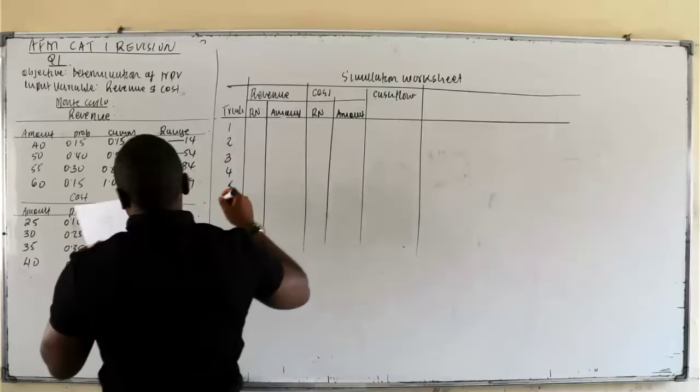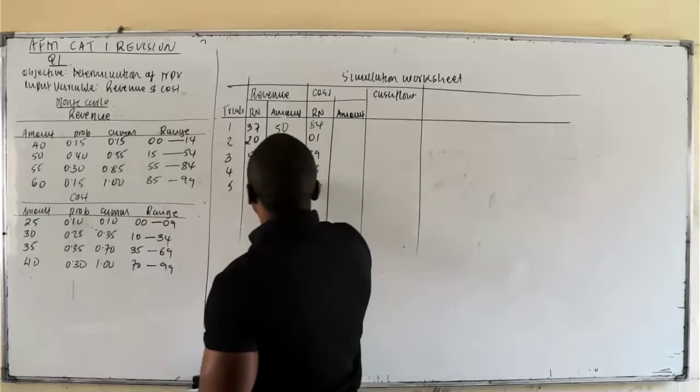It's a trial and error method. So for the revenue, we use the range to determine the estimated amount. The first one is 37. That 37 lies in between 15 and 54. Therefore, the expected revenue is an amount of 50. 20 is also 50. What about 56? 56 gives 55. 19 is 50. 47 is 50.